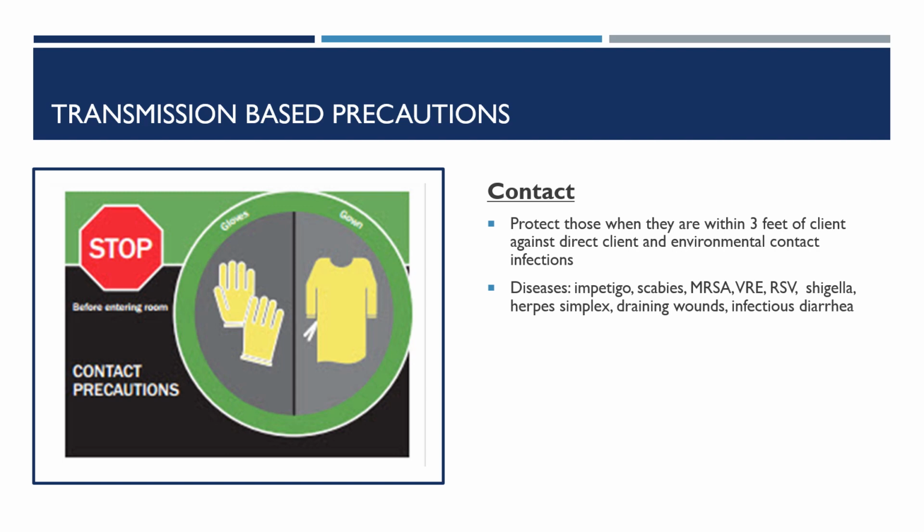What types of diseases are there in contact precautions? Impetigo, scabies, MRSA, VRE, RSV, herpes simplex, draining wounds, and infectious diarrhea such as C. diff. When you have a client who has C. diff, you must use soap and water to wash your hands.